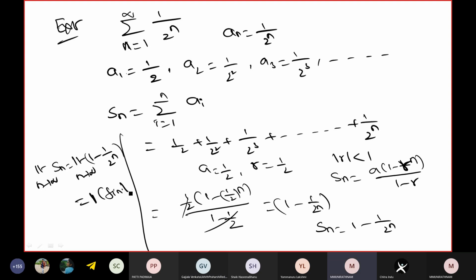It is finite, right? Therefore the summation of 1 by 2 power n, n equal to 1 to infinity, converges.